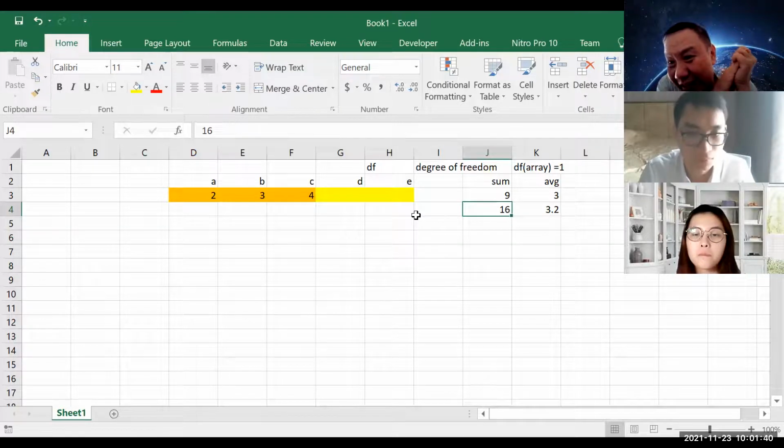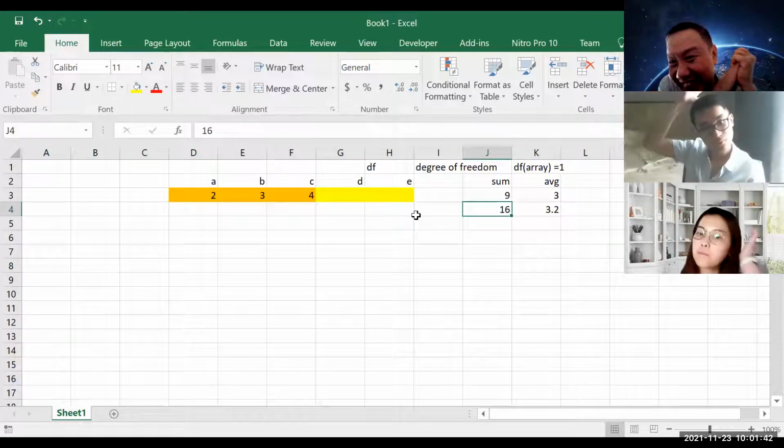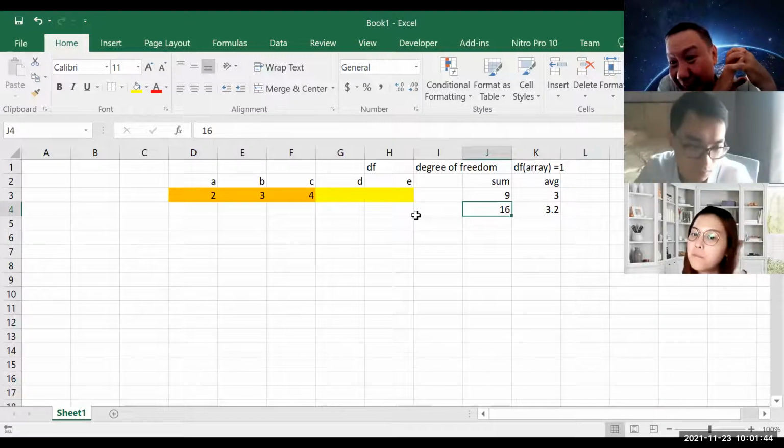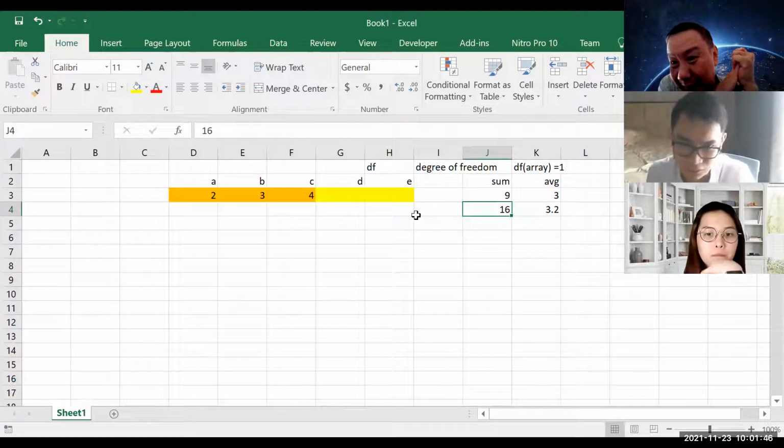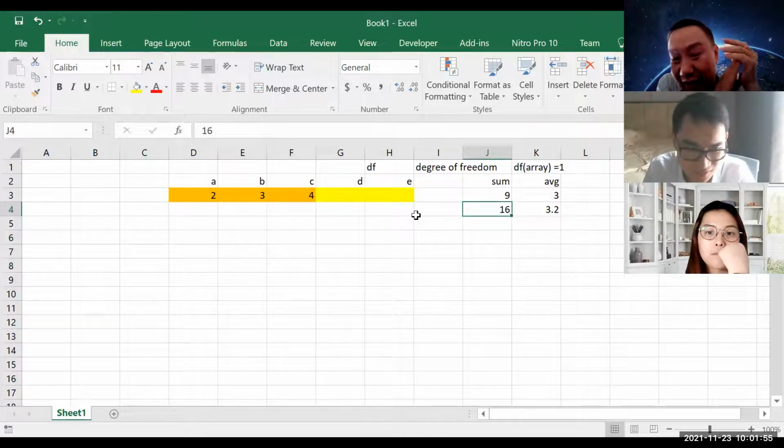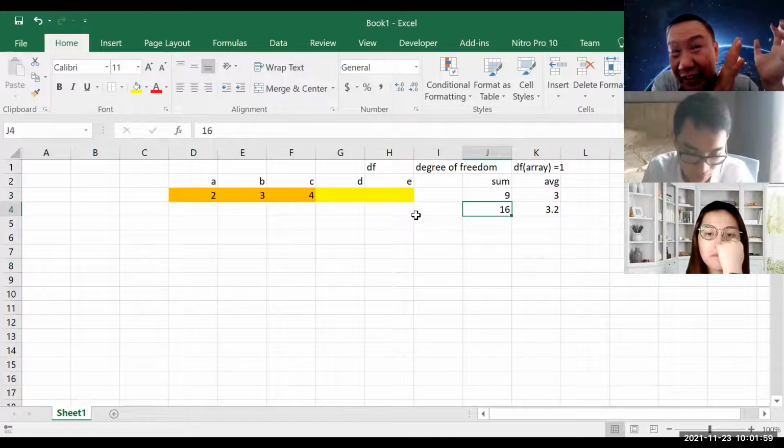How do you recover your data? Actually, probably you cannot, right? Because the missing values are larger than the degree of freedom. Yes. So you cannot recover your original data, correct?